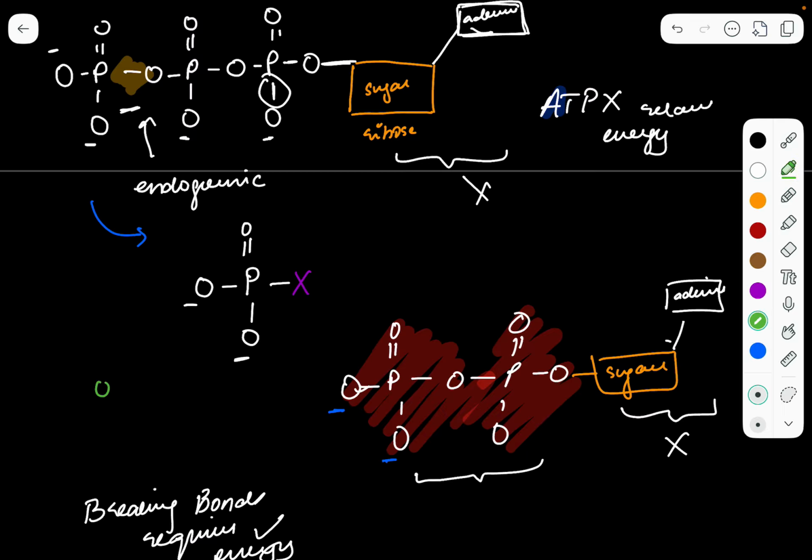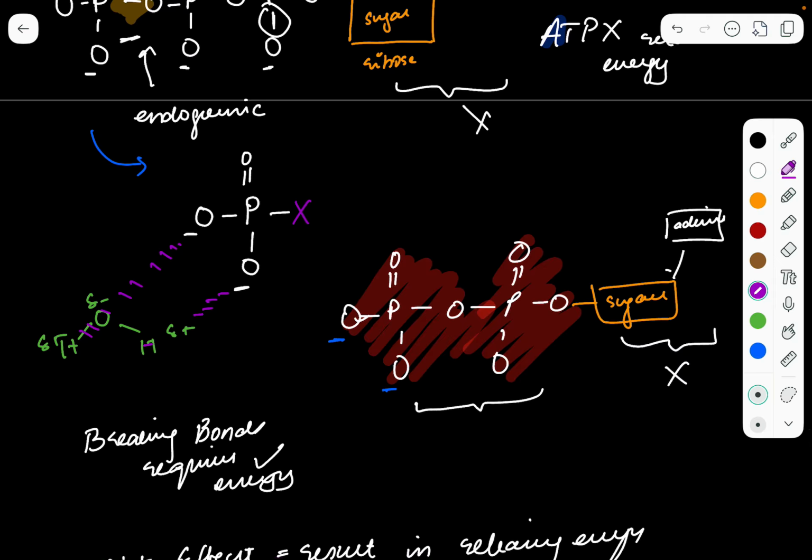I have water molecules floating around. Water molecules are partially charged. What I see is this partial positive of hydrogen is attracted to this negative of oxygen. Similarly, there are water molecules floating around on the other side as well, and they also have their partial charges.